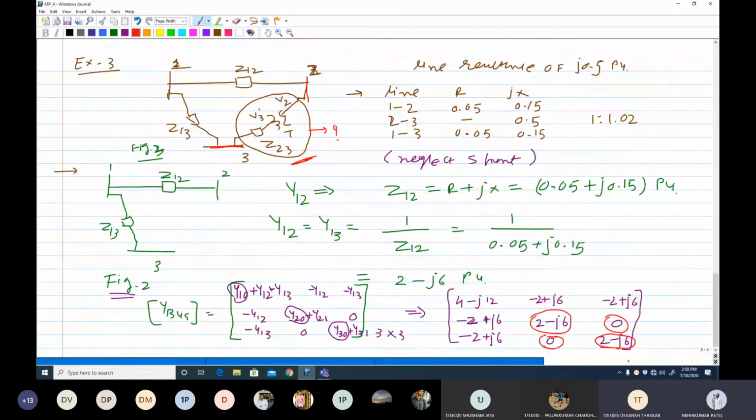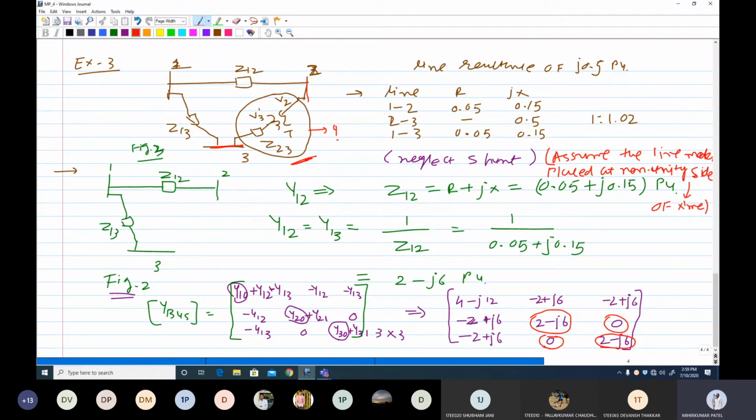Okay. And here in your example, it is said that, let me write the complete data. It is said to assume the line model, the pi model, placed at the non-unity side of the transformer.